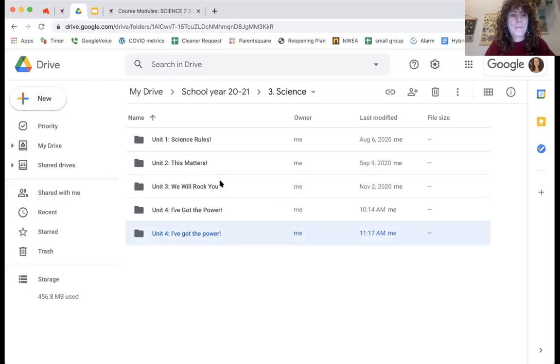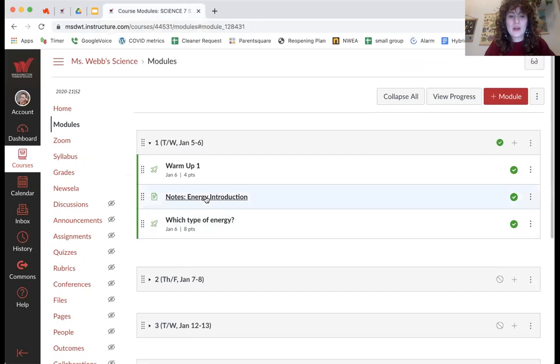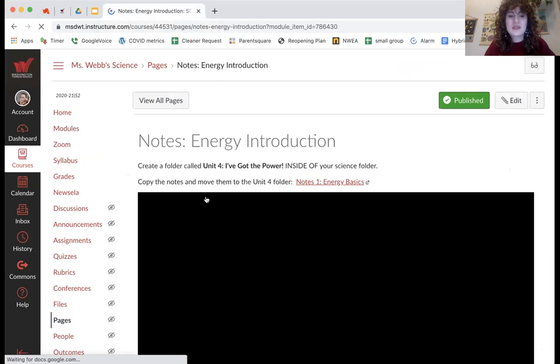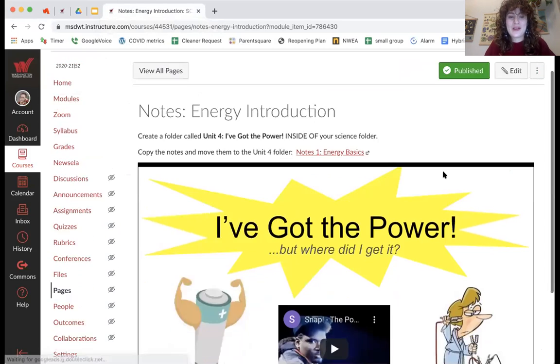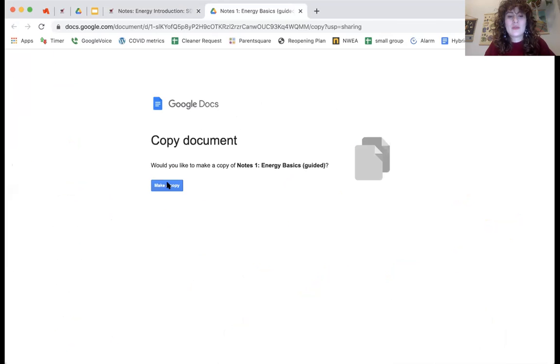So now that you've got that, we are going to hop into our notes for today, the most important information. You've already created your folder, and we're going to copy these notes and move them to the Unit 4 folder. So open up this copy.